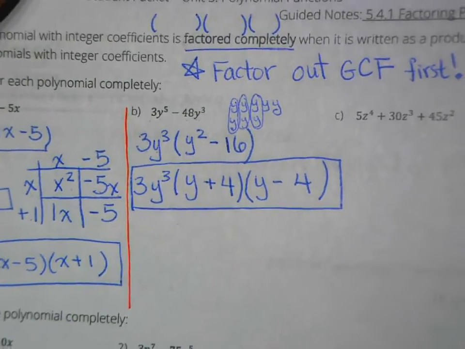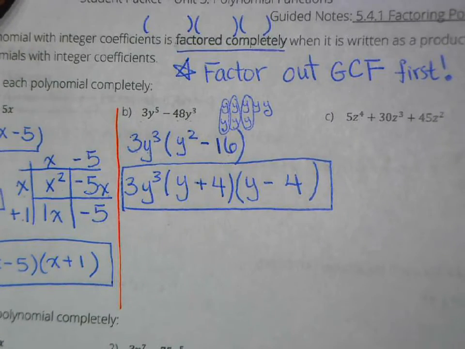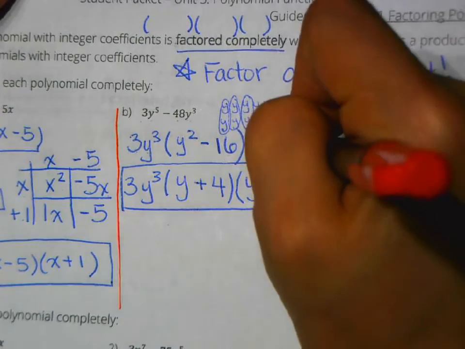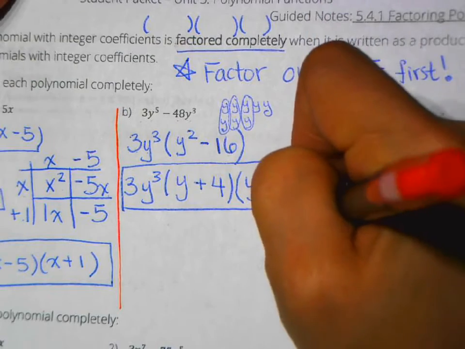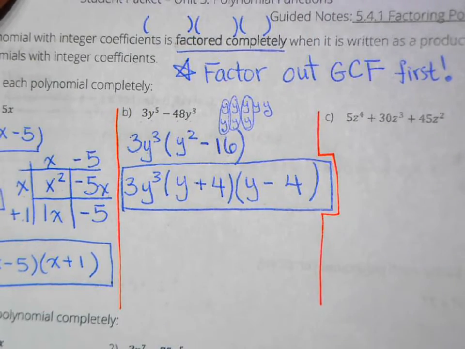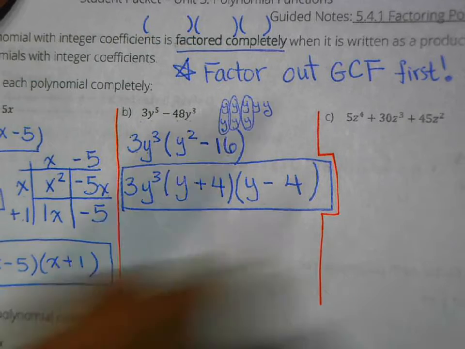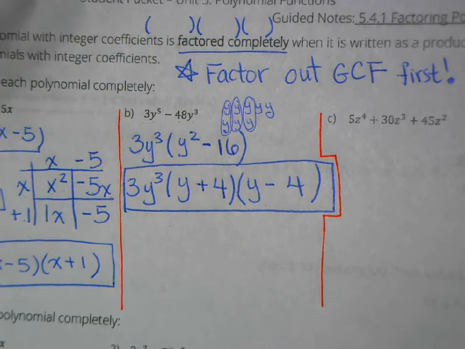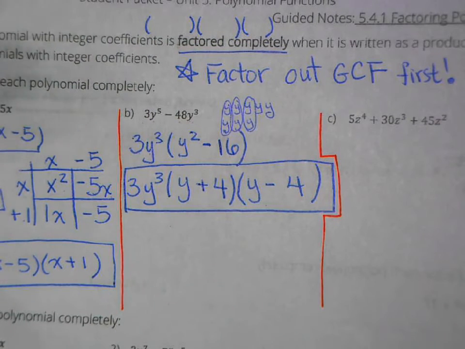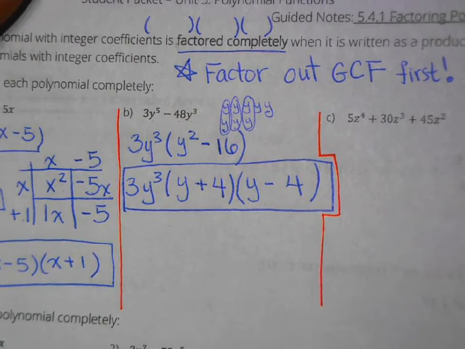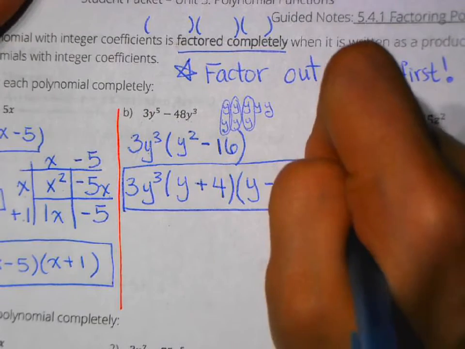And last but not least, if you take a look at part C, I have another 3 terms. Checking it out, 5, 30, 45 has 5 as a greatest common factor. So I'm going to take that out, 5.